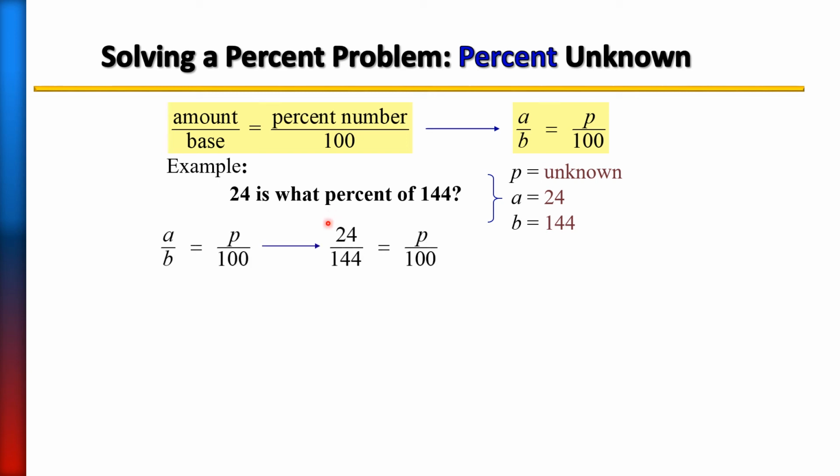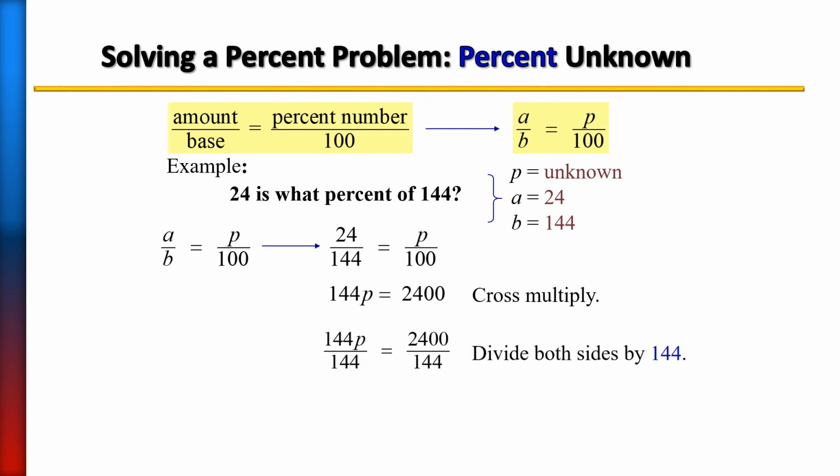So here's our equation. We're going to use cross multiplication. Starting with the variable side, we're going to have 144 times P, which is 144P, and then 100 times 24 is 2400. Our next step to solving this equation is to do what? Yes, divide by 144. Whatever you do to one side, you do to the other.